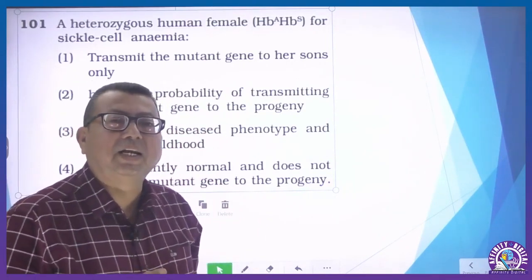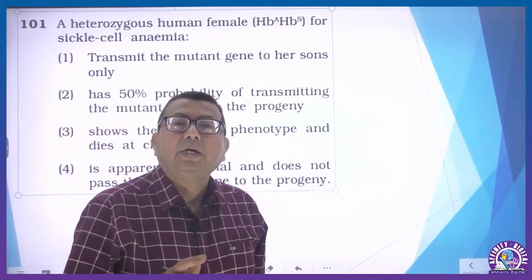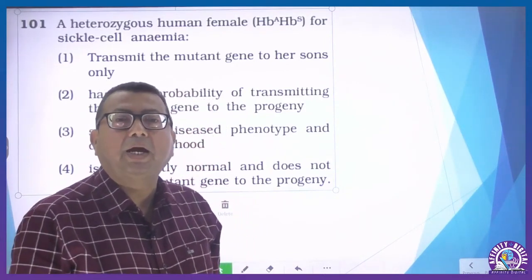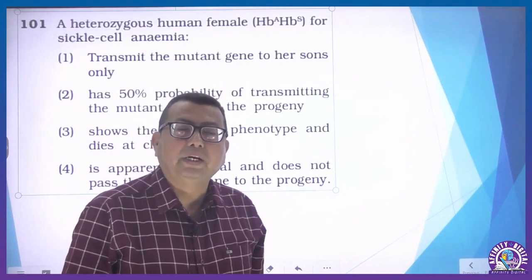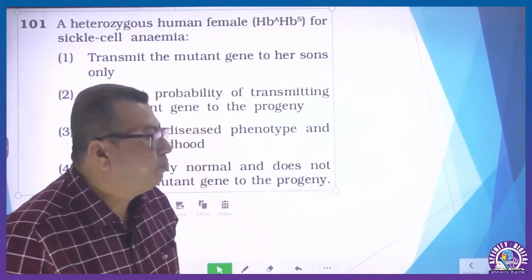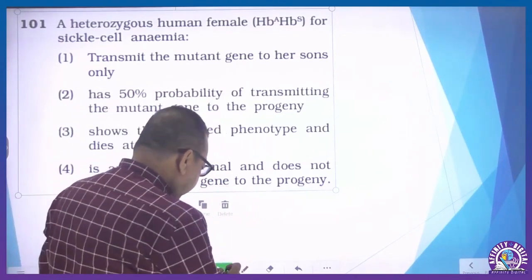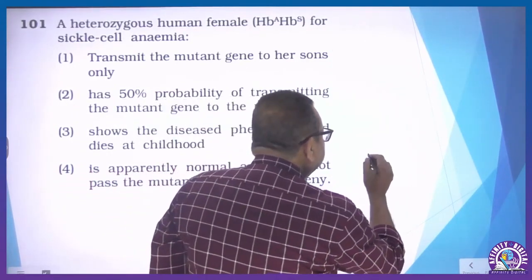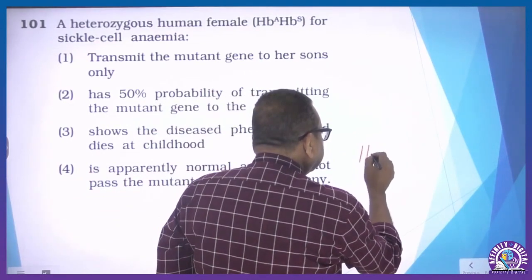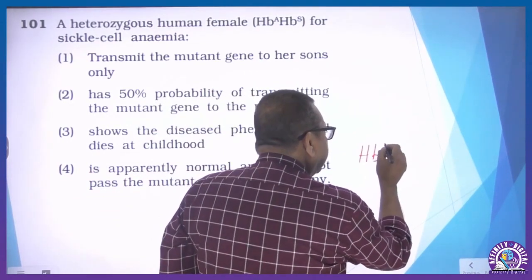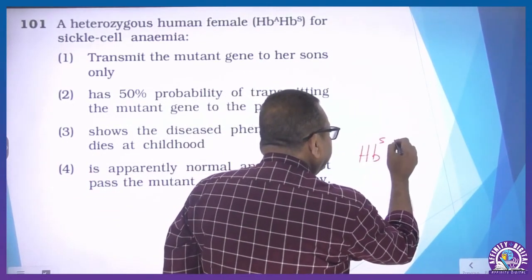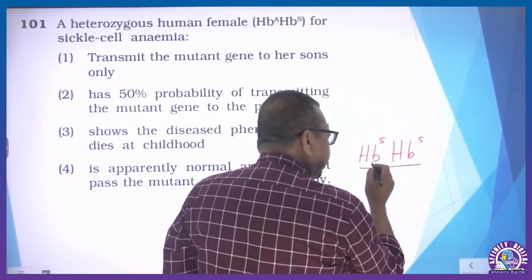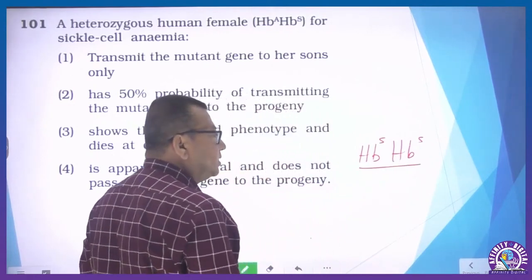That means a human individual will suffer from sickle cell anemia when that individual is homozygous for the sickle cell gene. That is, the genotype has to be HbS HbS.